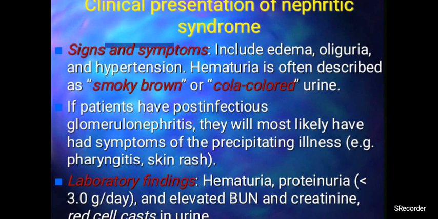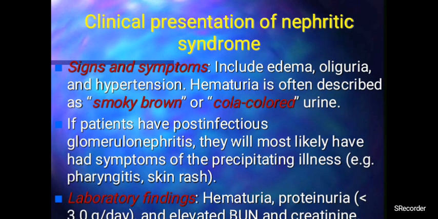In this slide, we shall be looking at the clinical presentations of nephritic syndrome. For the signs and symptoms, we shall be having edema, oliguria, and hypertension. Hematuria is often described as smoky brown or cola-colored urine.